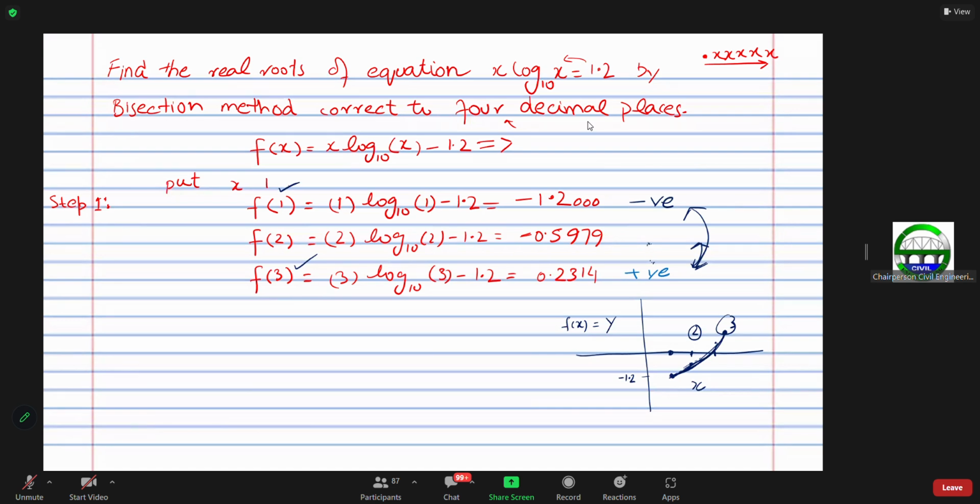So let's try to solve this one. We can say that here f of 2 and f of 3 are of opposite signs.